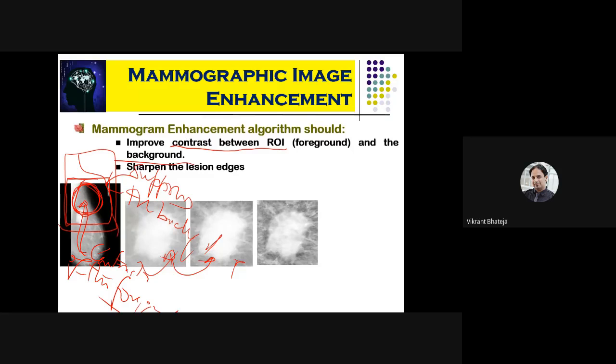Now, if you try to increase the contrast beyond a point, you see that the noise is enhanced. You see that the brightness of the region has been unnecessarily enhanced, which disturbs the edges over there. So when you are enhancing the contrast, noise is enhanced.